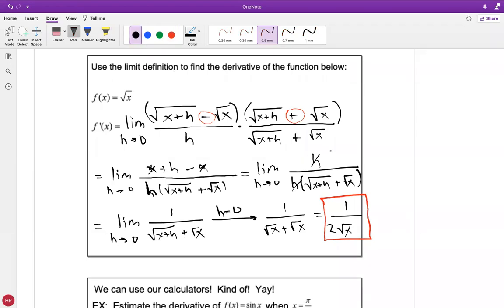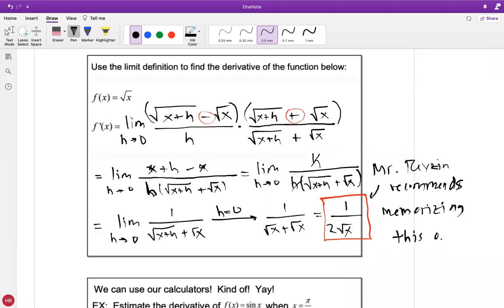And this is one I recommend memorizing. It just shows up all the time. We're going to learn how to do it with powers in a minute or in a couple of days or whatever. There'll be a lesson where you do it, and it'll be fine.